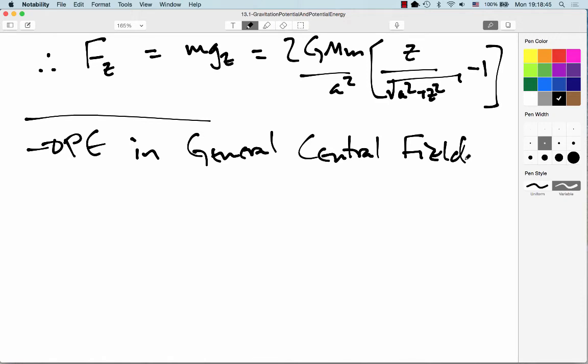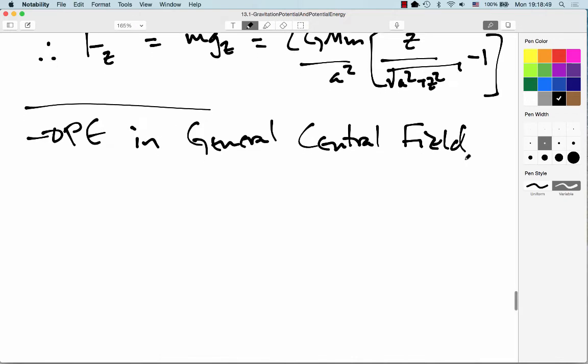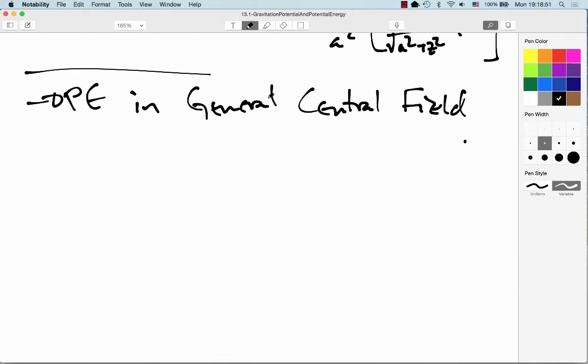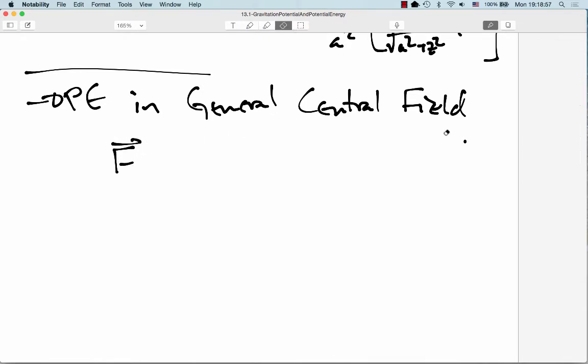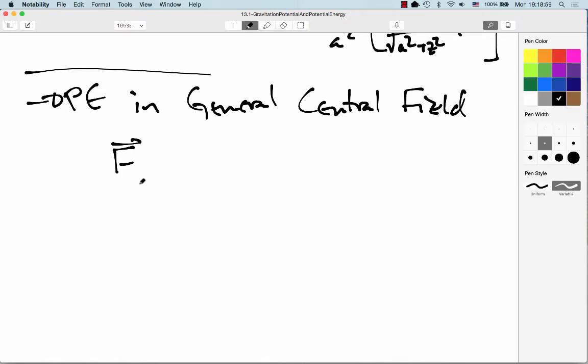Not all fields are. The magnetic field isn't, for instance, but the electric field is, so that's good. Gravity is, that's good. So again, this means that I can write my force as F equals some F of R, so that's the scalar force function, times R hat. If it returns negatives, it's attractive. If it returns positives, it's repulsive.